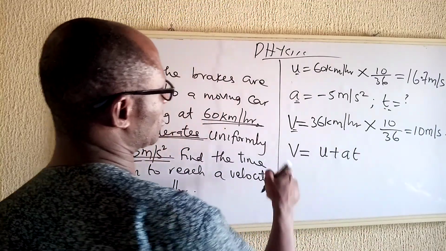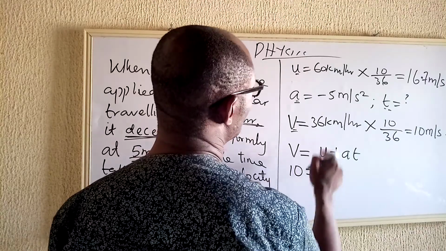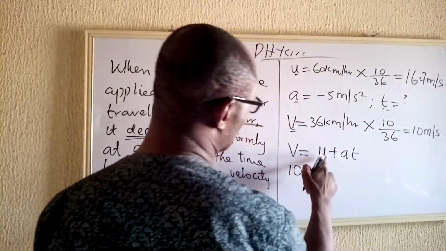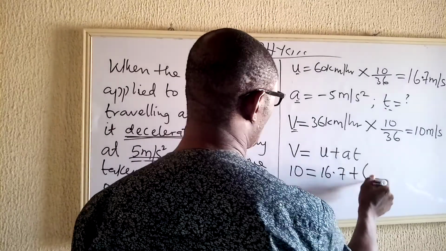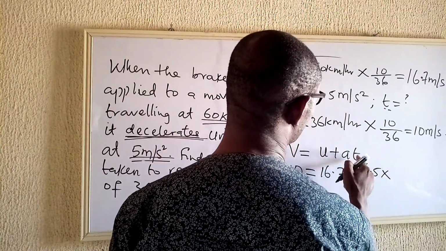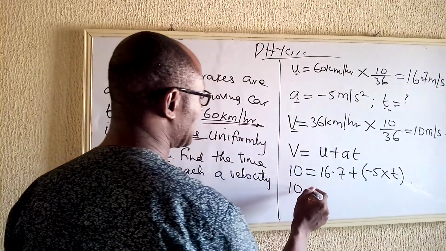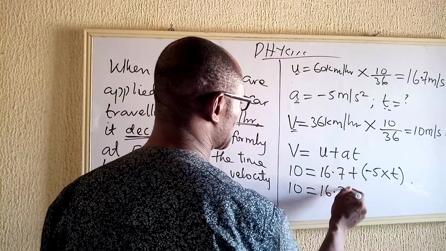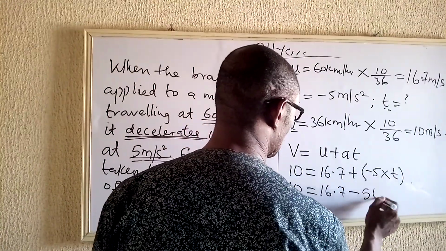So by substitution, 10 will replace V, 16.7 will replace U, plus open bracket, a will now be minus 5, times the time that we are looking for. So we have 10 equals 16.7 plus times minus is minus 5t.